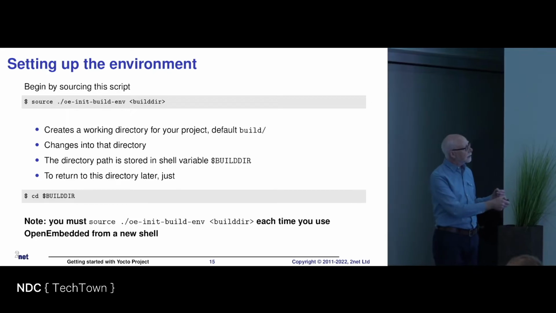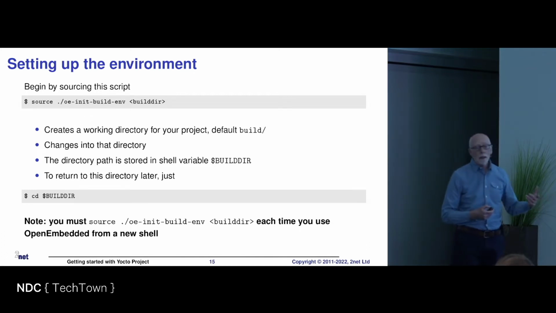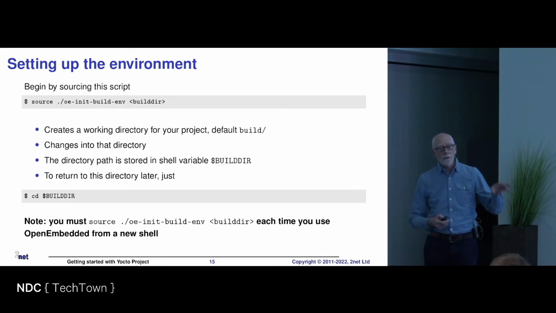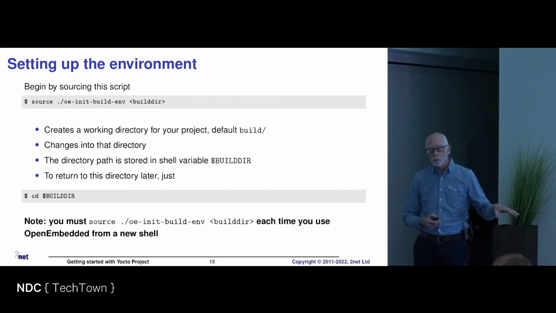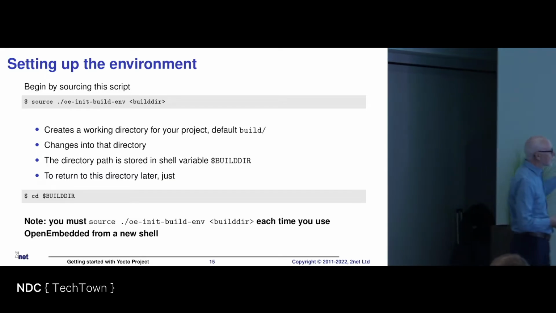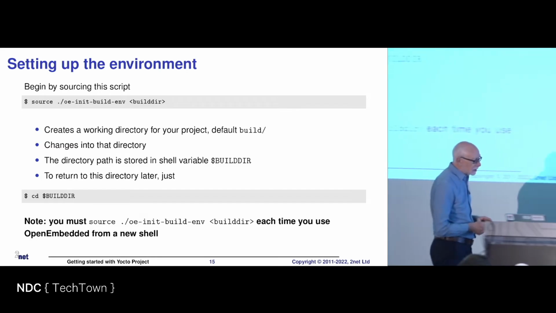It will create a directory, by default called build, and cd into that directory, so that's now your current directory. It will also create a couple of configuration files which you can edit to set up exactly what you want. One thing that people often forget is you have to do this every time you come to Yocto with a new shell. So you always need to source oe-init-build-env for every new shell.